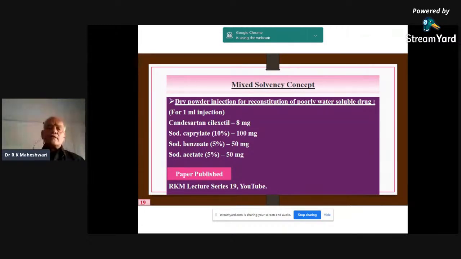You cannot make a solution of 8 milligram per ml in water. But with the use of 3 solid solubilizers, sodium caprylate, sodium benzoate and sodium acetate, with concentrations given in the brackets, you can make the dry powder injection, and on reconstitution you will get a clear solution.